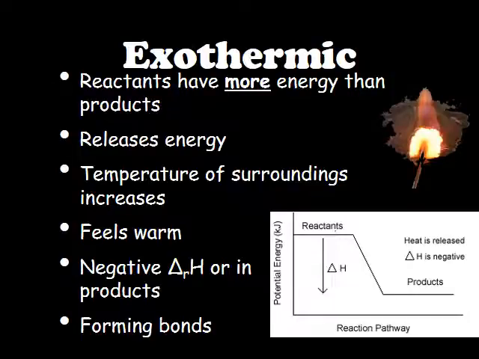If you have a test tube undergoing an exothermic reaction, it feels warm because your hand is detecting the heat being released by the reaction. There is a negative change in enthalpy of reaction, because you've got the formation of bonds. So the energy is being released and bonds are being formed.